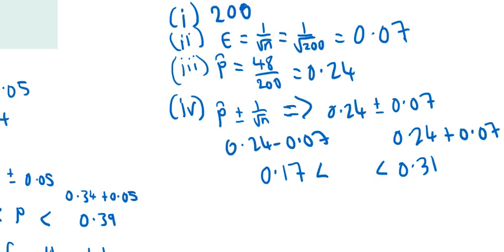So it's in between these two values that we're 95% sure our hypothesis works.